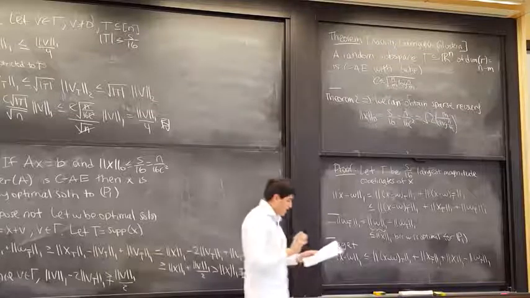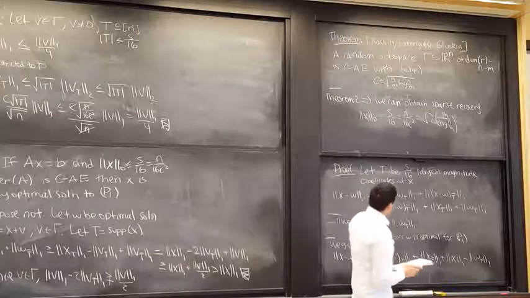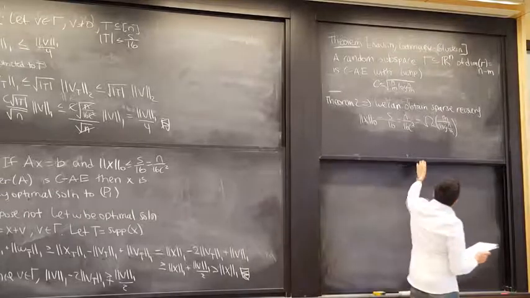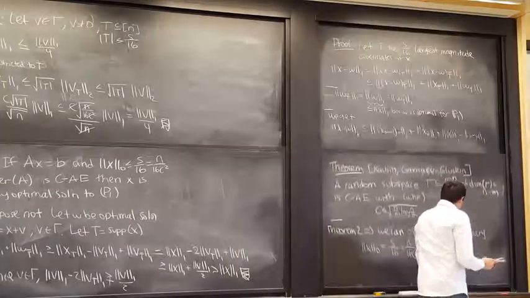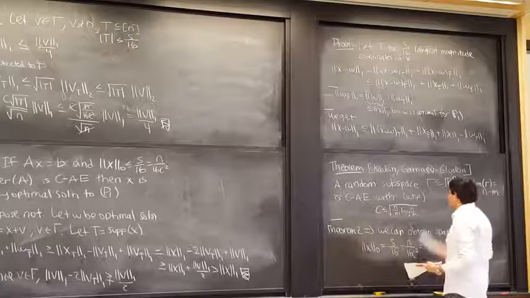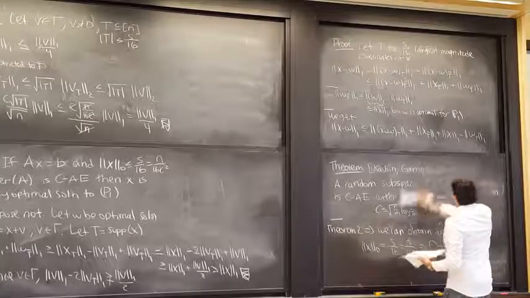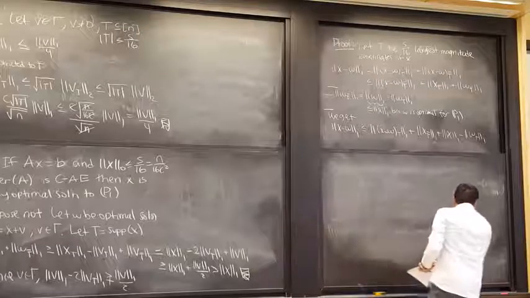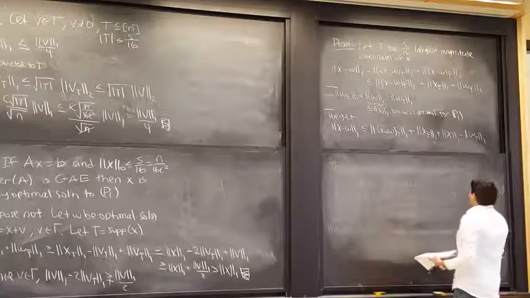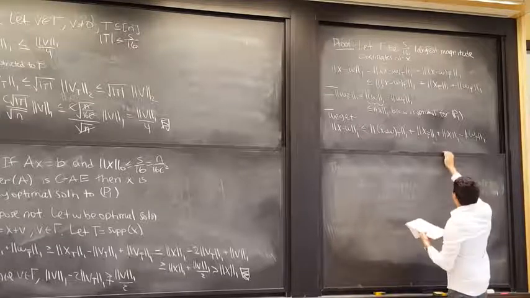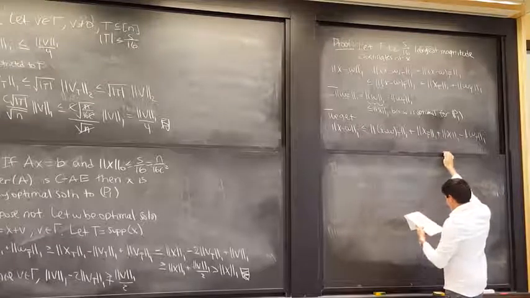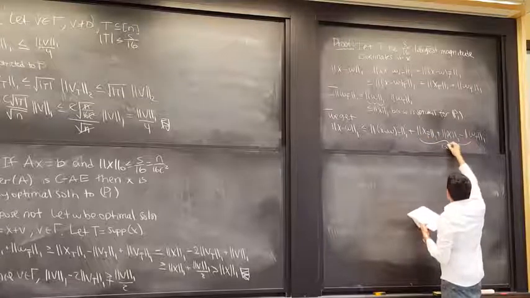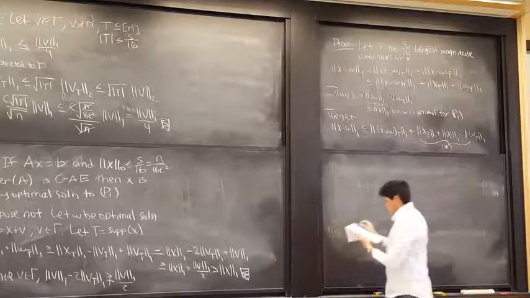So one more step and then we'll actually be in great shape. So let me tell you what that step is. Let me introduce something to reduce my amount of writing. Let me just call this star.